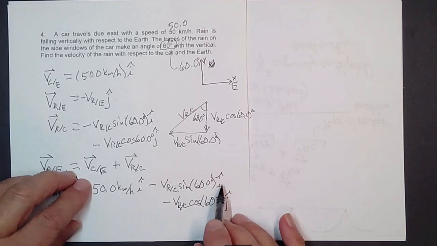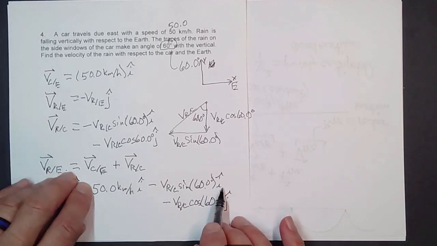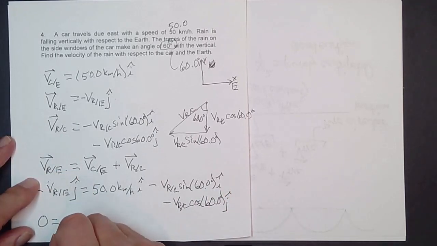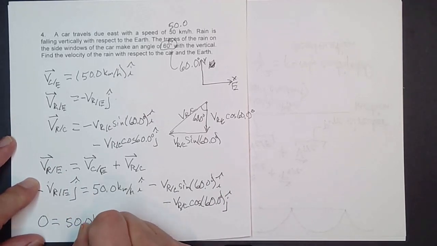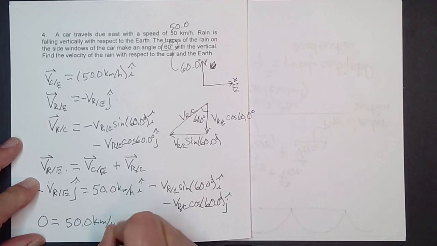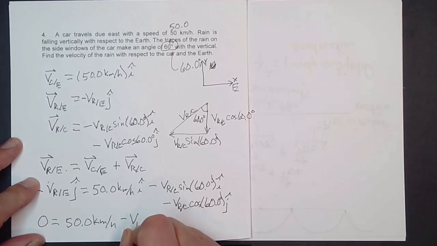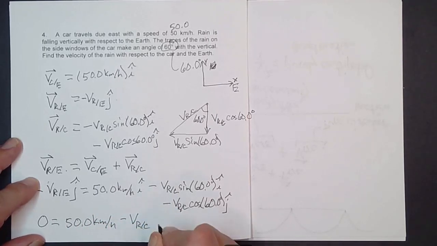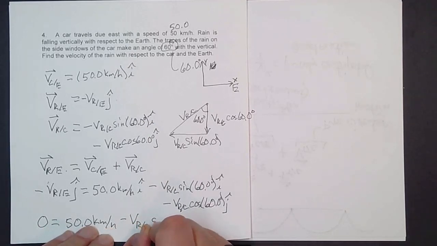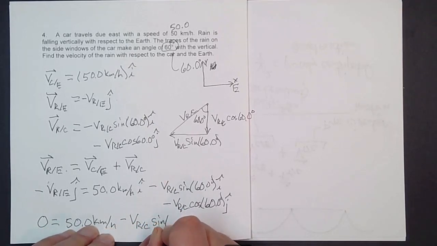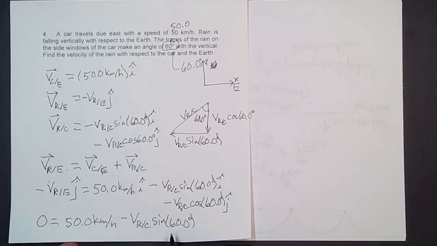We're just lumping together the i-hat terms. So I'll have 50.0 kilometers per hour minus the velocity of the rain with respect to the car times the sine of 60.0 degrees. And that equals 0.